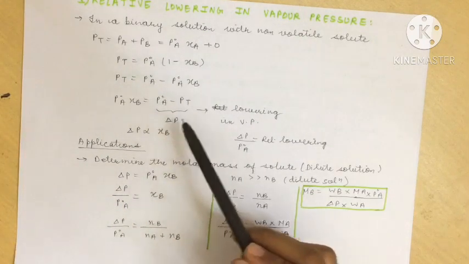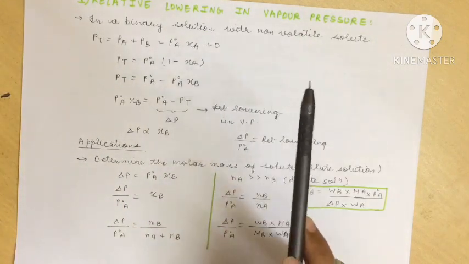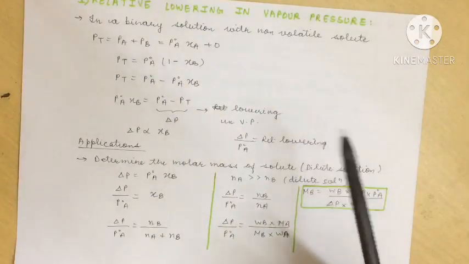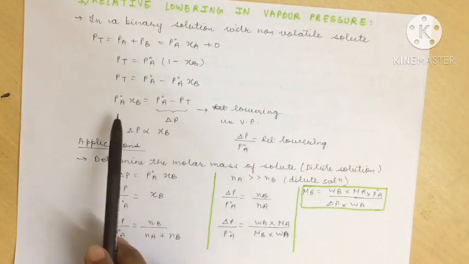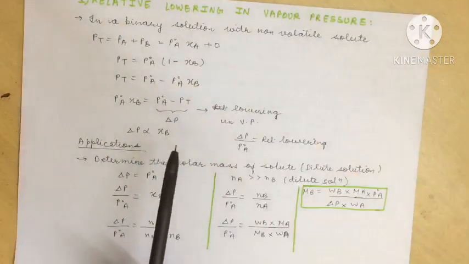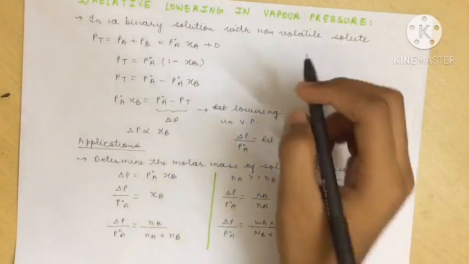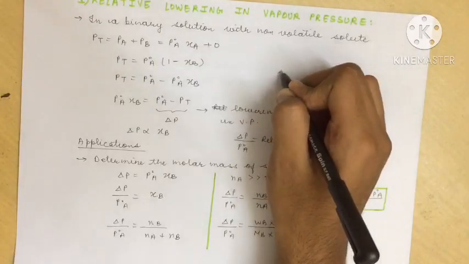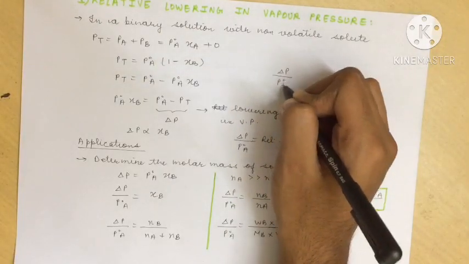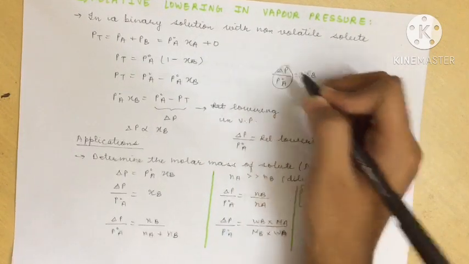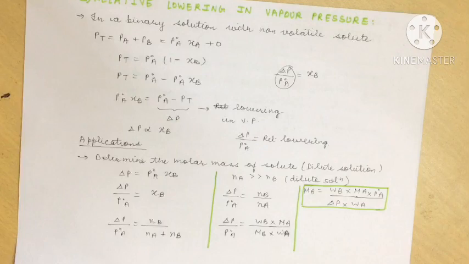Now this P naught A minus P total is delta P. This delta P is the lowering of vapor pressure. Now if I send this P naught A down to delta P, I get delta P upon P naught A equal to XB. This term is known as relative lowering. The lowering in vapor pressure is denoted by delta P.